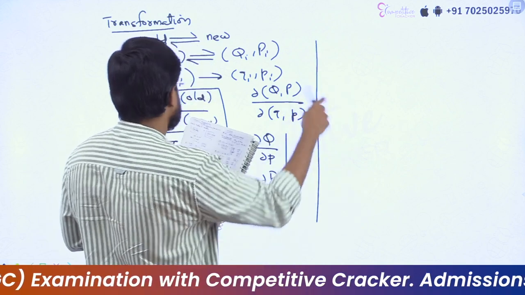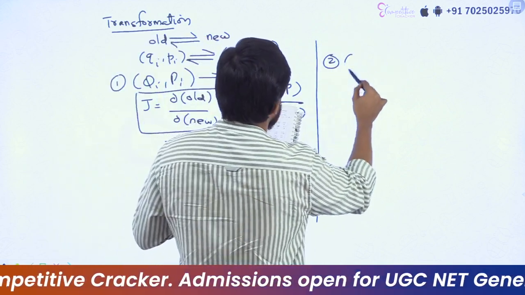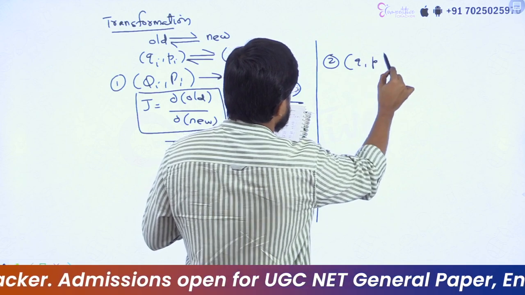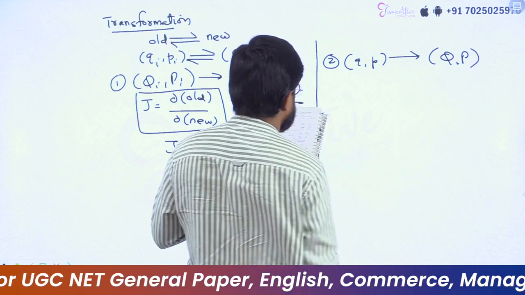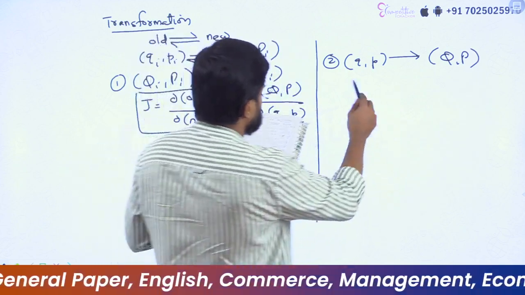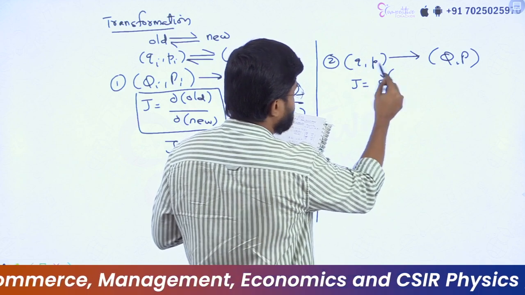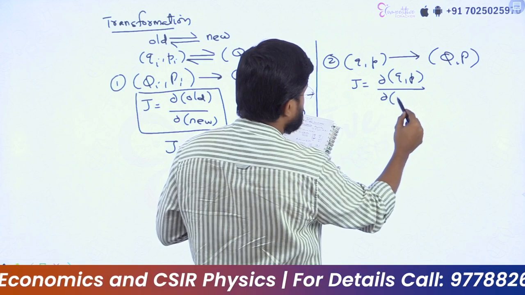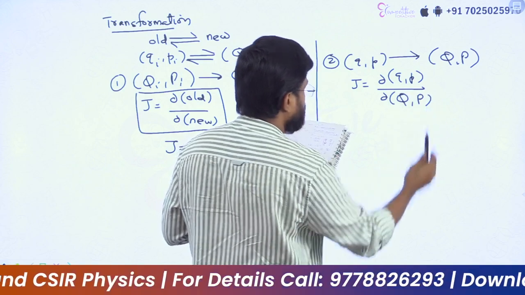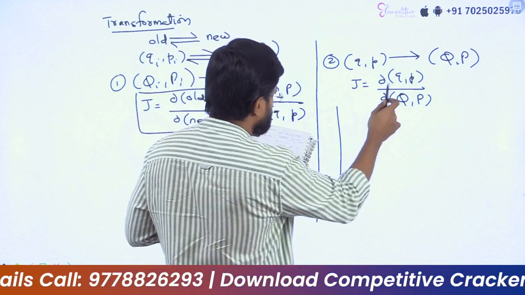And if you think of the other condition, that capital Q capital P is transformed to small q small p, the Jacobian is determined as dou old, what is old here, Q P, divided by dou new, it is dou small q small p. Clear? So what is the Jacobian here? You should know.